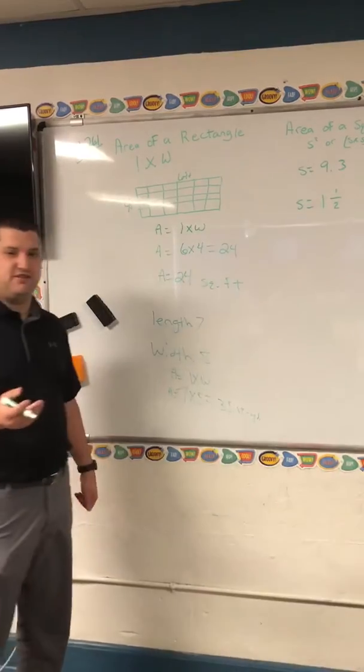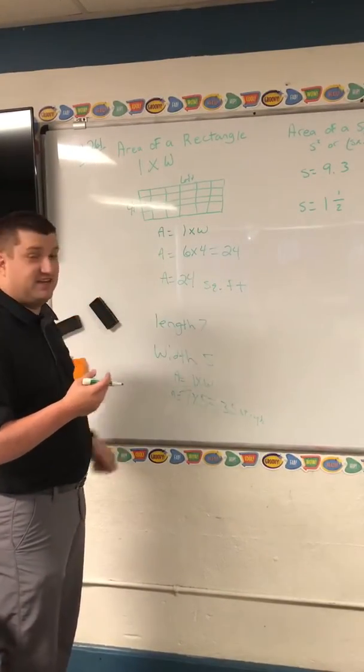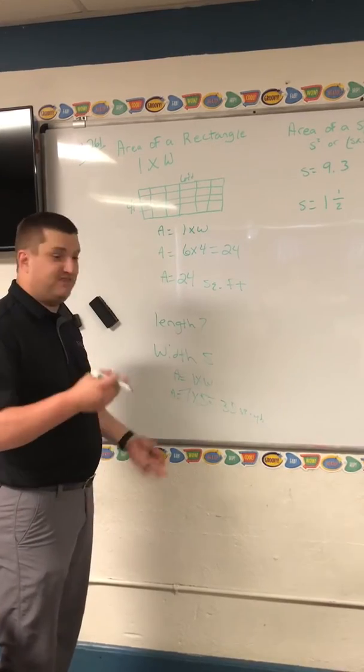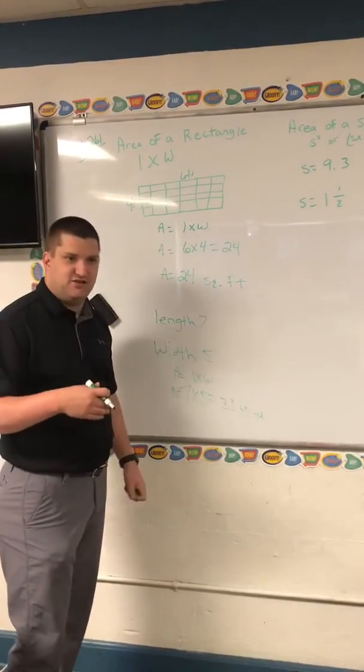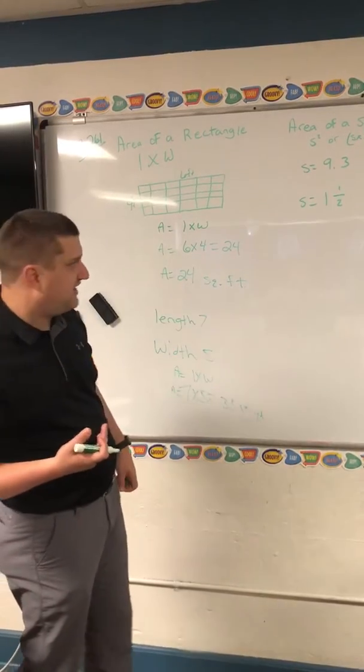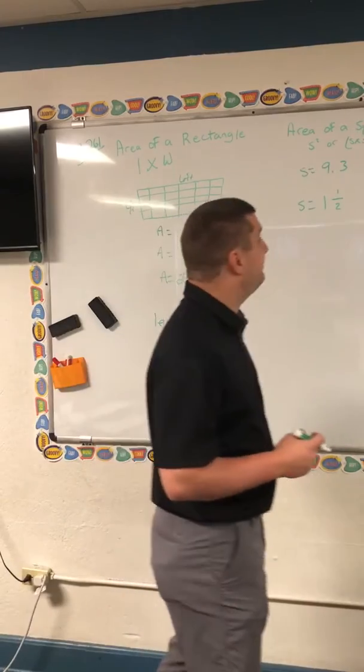And that's all you do for this. You just multiply the length and the width they give you. Same deal if you have a decimal or a fraction, you just multiply the two together. And that's found on page 261. It's the first lesson you're doing this week.